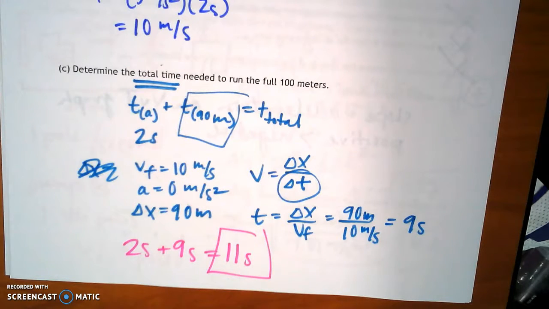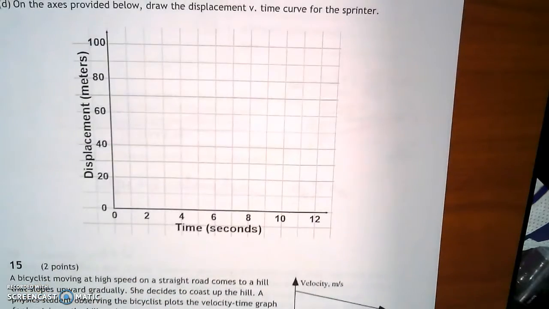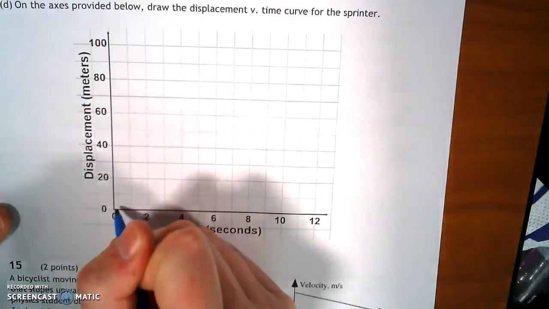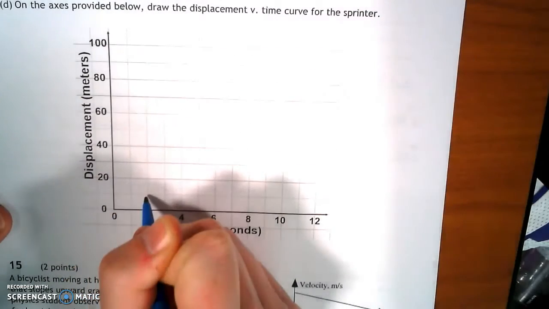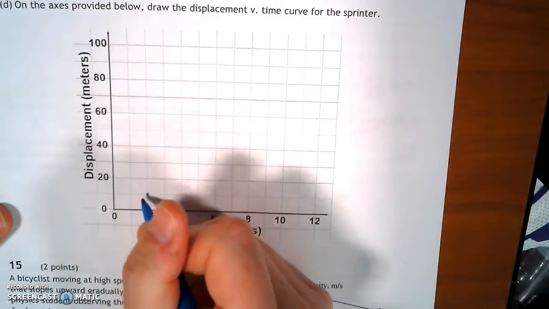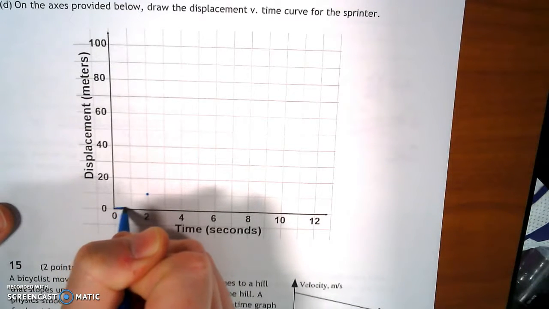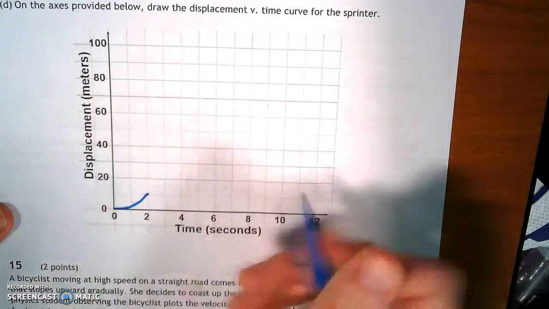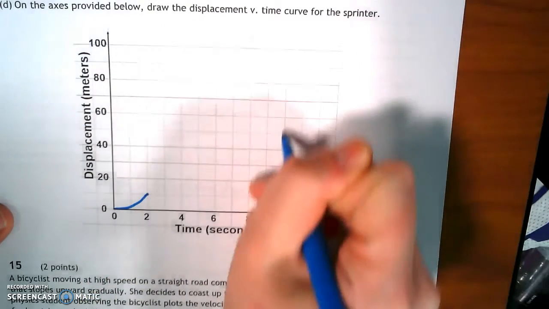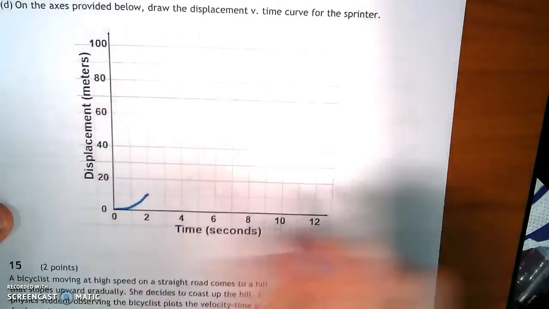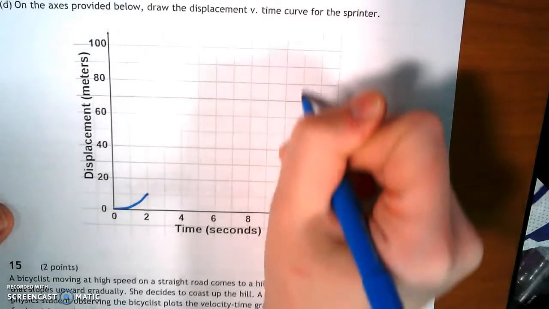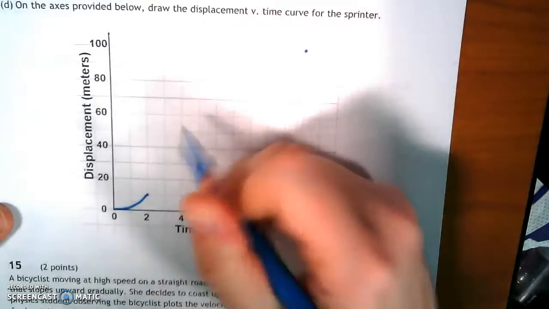All right. If I was going to put that on a graph, the graph is difficult to show because there really is only acceleration for those first 2 seconds up to 10 meters away. So I should have a curving line, right, up to that point, and then I reach the 100 meter mark 11 seconds later.